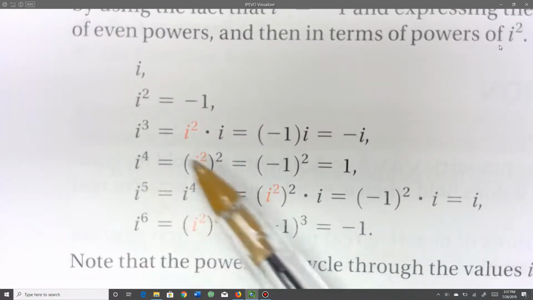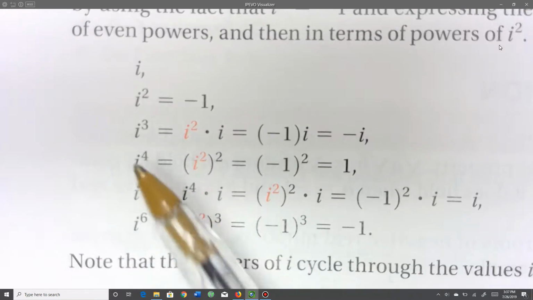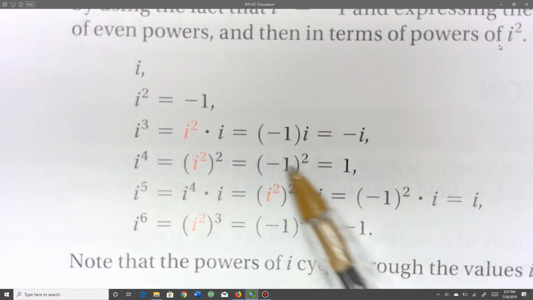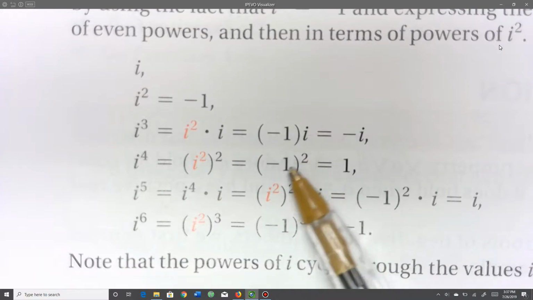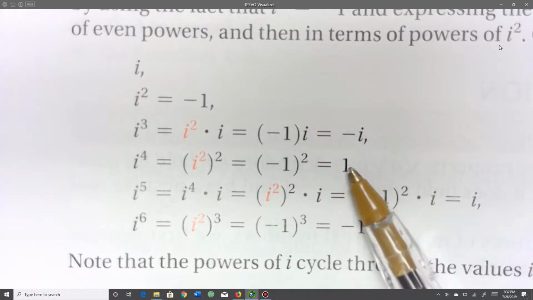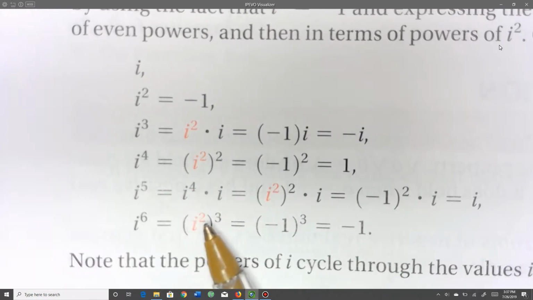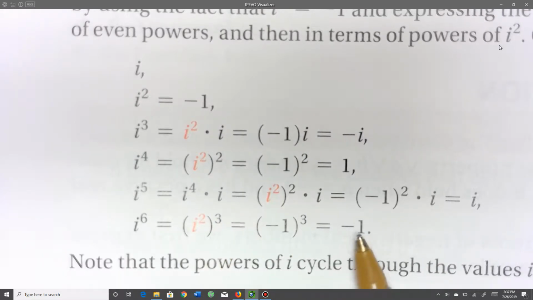So if you have two of them, doesn't it stand to reason that you multiply a negative times a negative, and that just gives you a positive. And then if you have three, you multiply a negative times a negative, that's a positive, times a negative, you get a negative answer. That might help, okay?